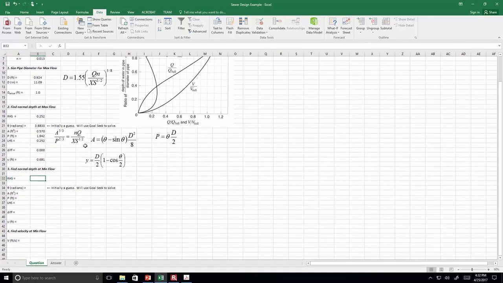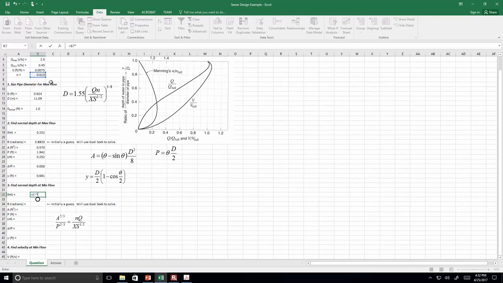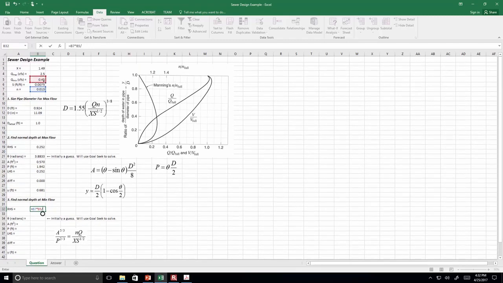So the right-hand side of this rearranged Manning's equation is going to be the n value times the flow rate minimum, 0.45, divided by the x, 1.49, divided by the slope to the 1/2 power. Okay, and we'll put in some guess value for the angle, maybe 1 radian, and then, let's see, can I copy and paste that formula?